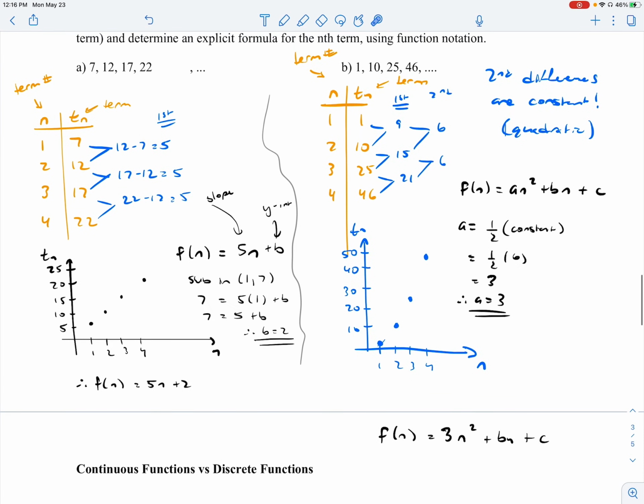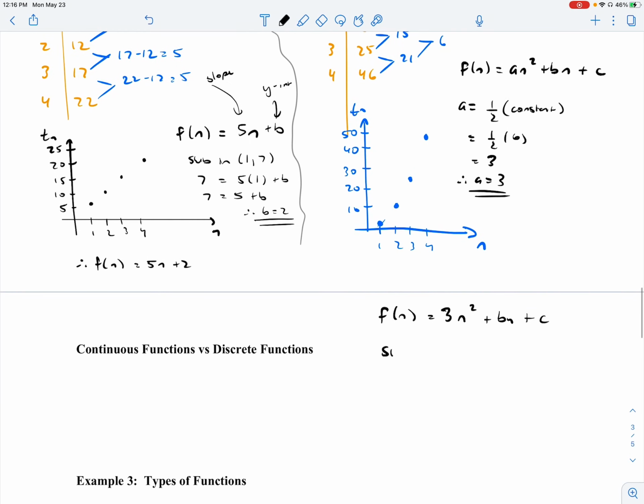To do that, we have a lot of information given, so we can use it. We'll substitute in some points. We'll substitute in 1, 1. So we're going to have 1 equals 3 times 1 squared plus b times 1 plus c.